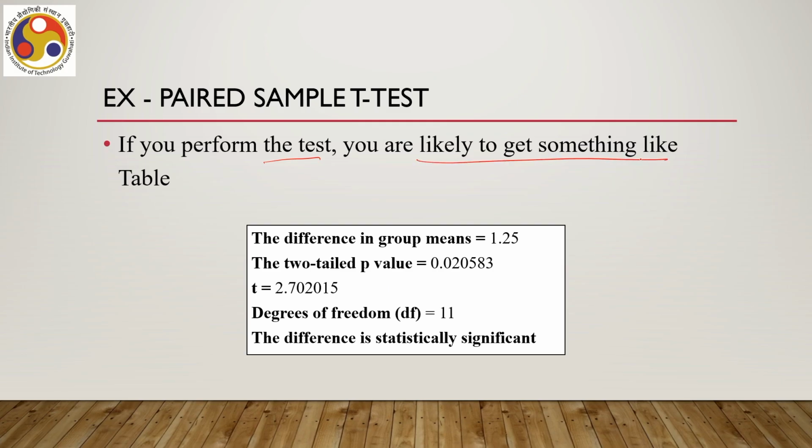You are likely to get something like the following table, that is, the difference in group means 1.25, that is the absolute difference. The two-tailed p value, t value, and degrees of freedom are mentioned, and the difference is statistically significant. These are essentially things indicating that we have conducted a statistical significance test, in this case a paired sample t test.